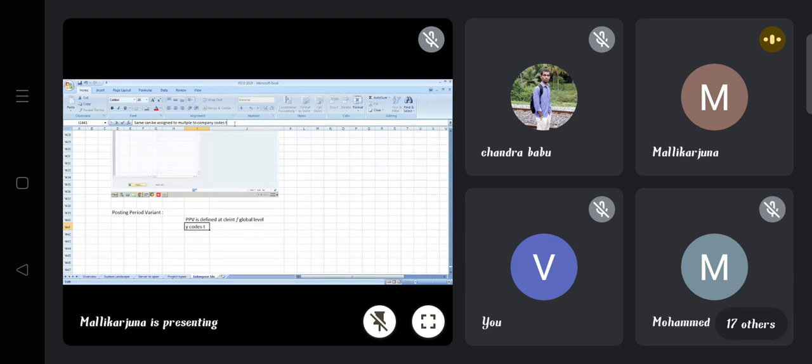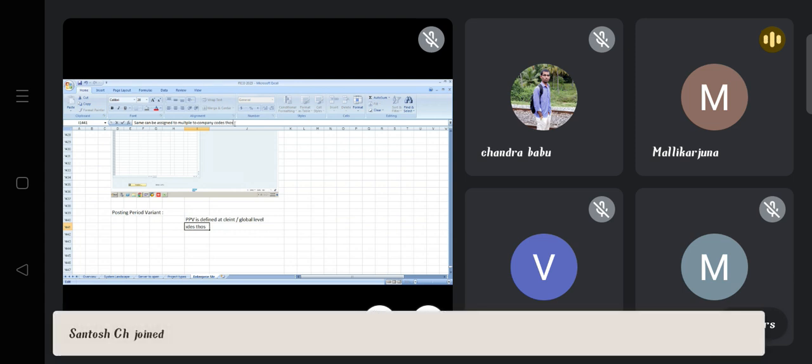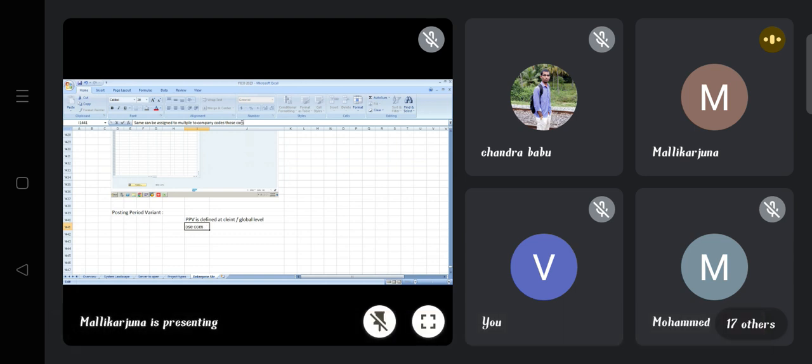Those company codes are where you want to apply the same controls.